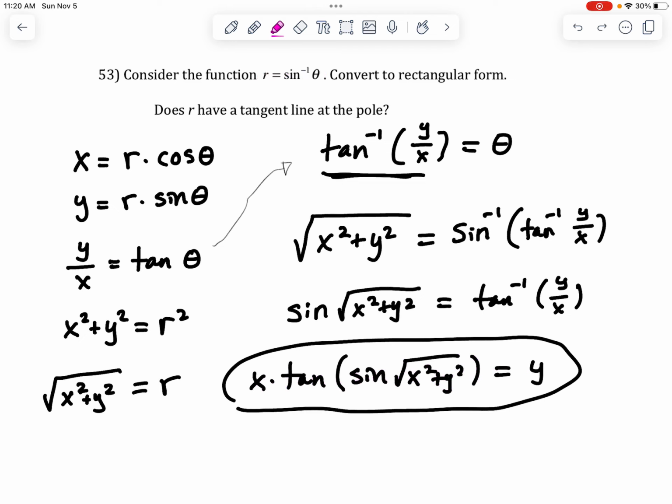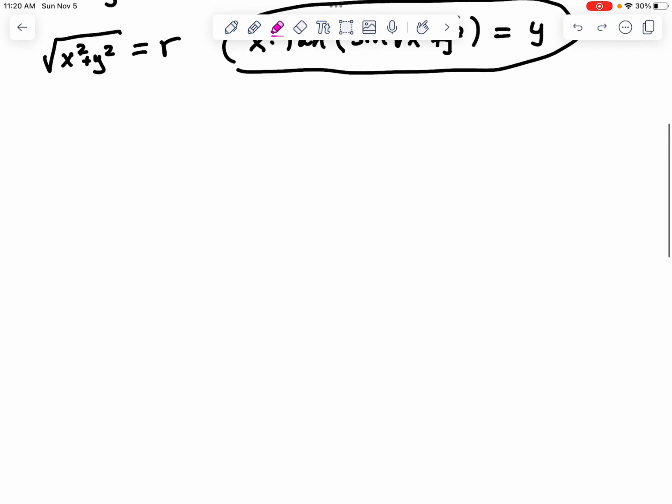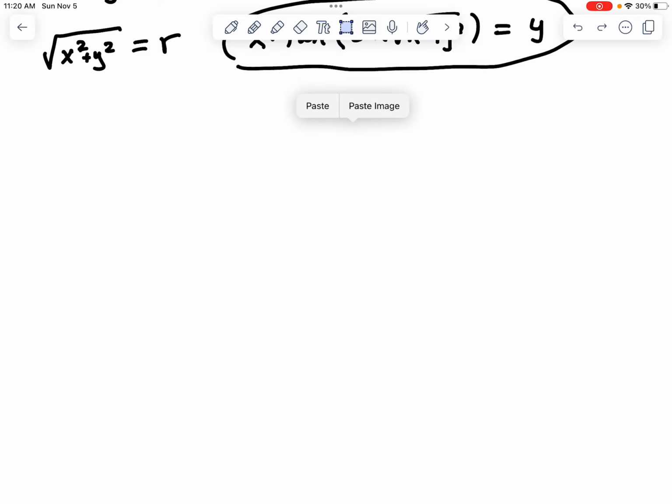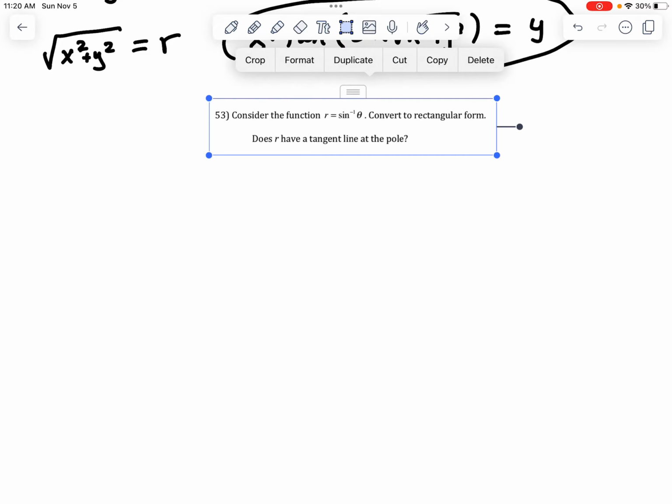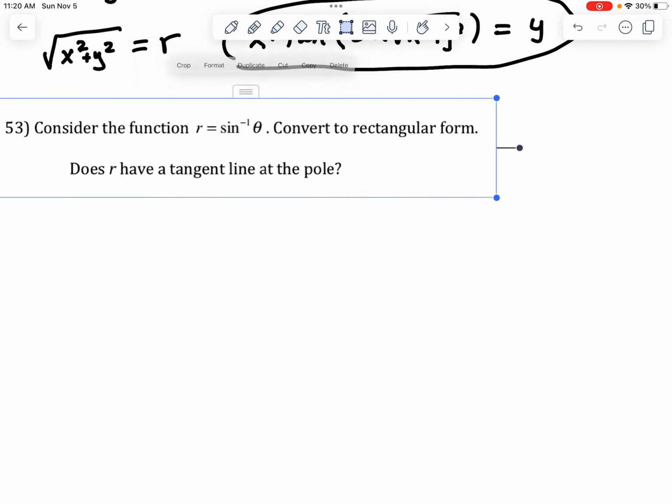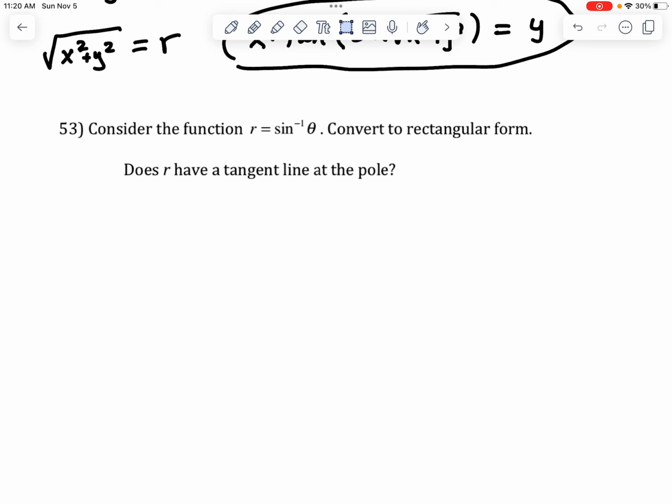Okay, then does it have a tangent at the pole? So the pole means the origin. So when it says the pole, that means the origin. That means r equals 0.